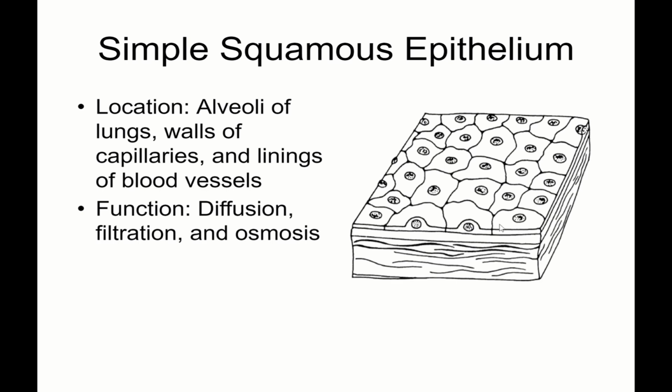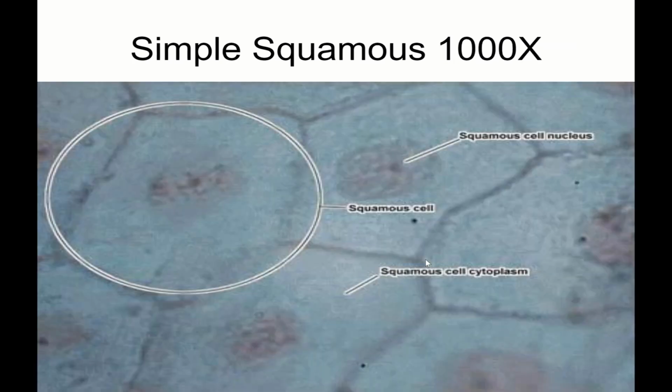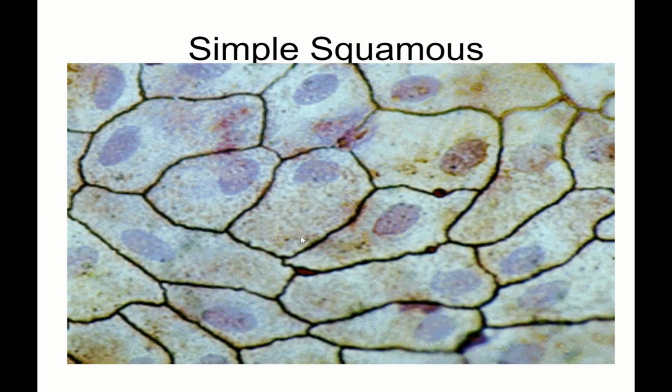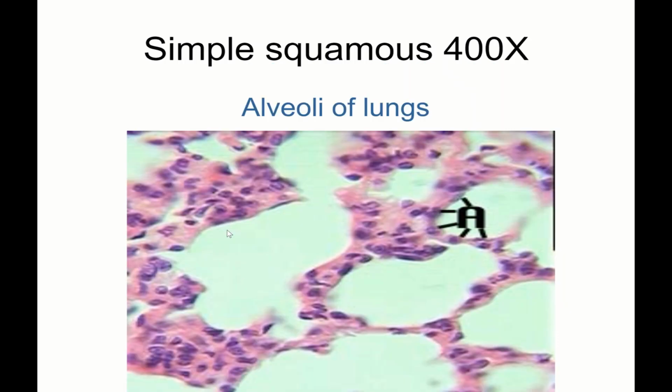So you can see that apical surface here where the diffusion would start to take place. And then you can see that basal layer where it's connecting to that connective tissue underneath. And then you can see that square shape, that very flat appearance. You can see the alveoli of the lungs.